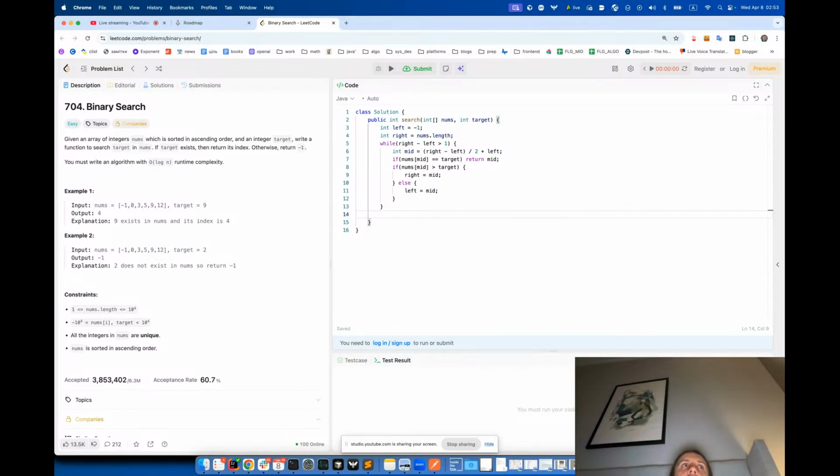So let's imagine that we have some operations where we cannot find the target. So in this case, left would be equal to -1 and right equal to nums length.